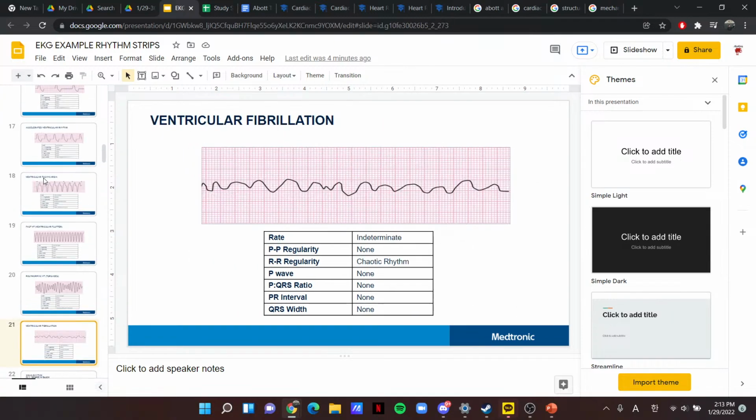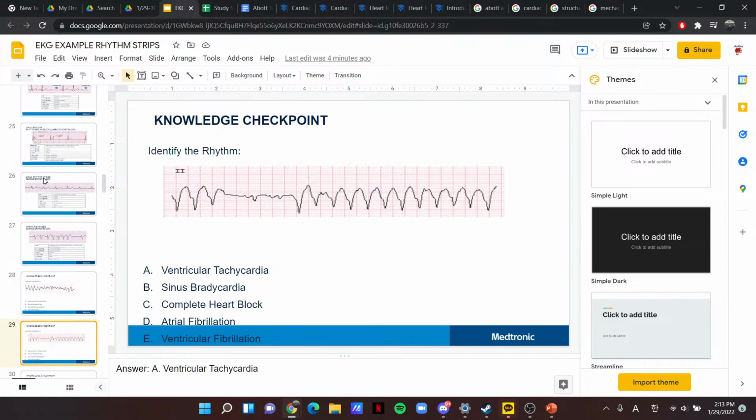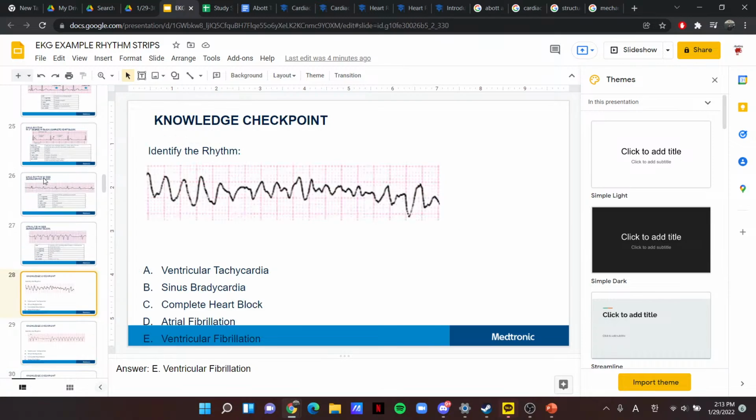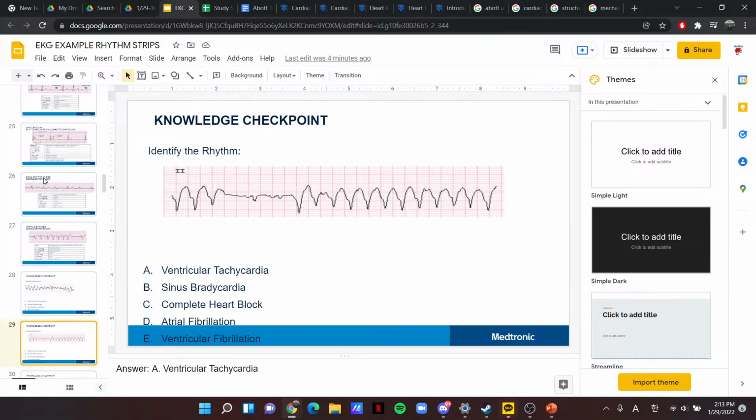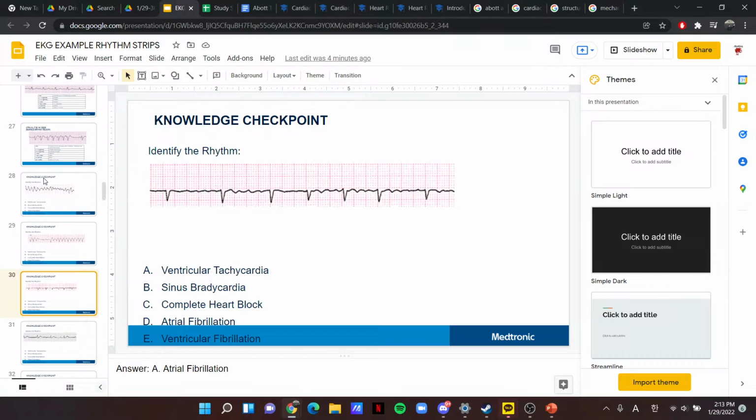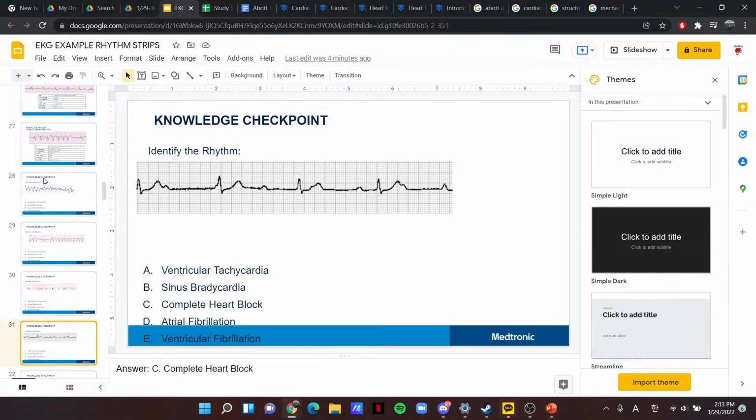Let me see. So they're saying that. Identify the rhythm. Identify the rhythm. Ventricular tachycardia, sinus bradycardia.